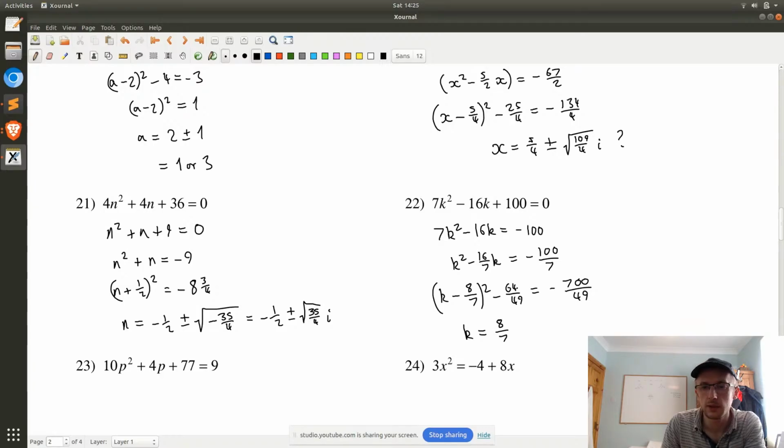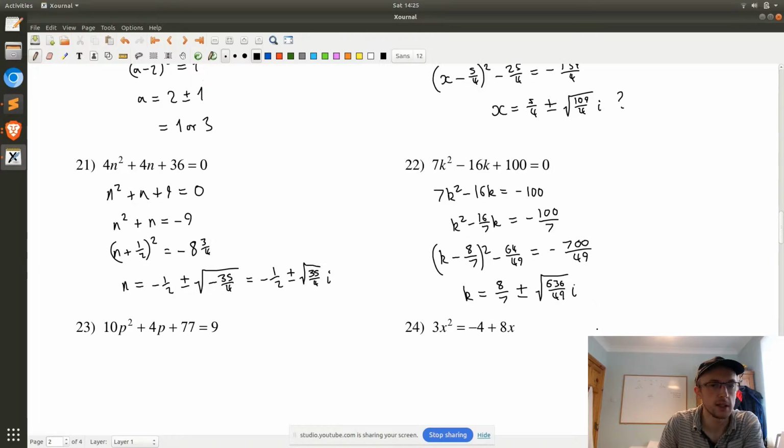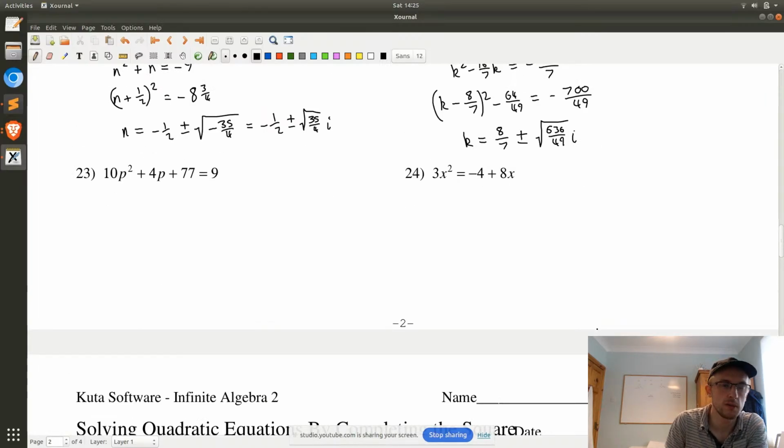And then what's 700? Take 64. 636. So this. And 636 though feels like 121, but it's not. It's 106 times 6, and 106 is 53 times 2. So you can't go any further with that, except for rooting the denominator, which is not what I want.